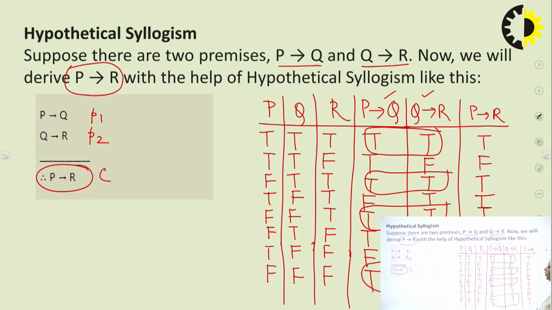So I have in total 4 critical rows where both my premises have a true value. So in all these critical rows, I'll check the value of the conclusion, that is this one. So it should be true. So here it is true. In third position, it is again true. Here it is again true. And in the last place, it is again true. So I can say that this is a valid rule and I can apply it directly to establish the validity of the argument. So this one is a valid rule.